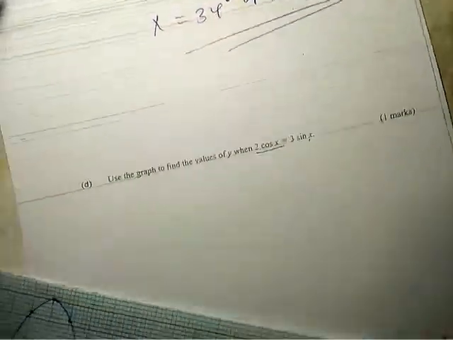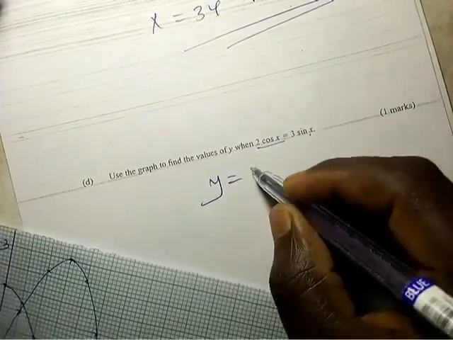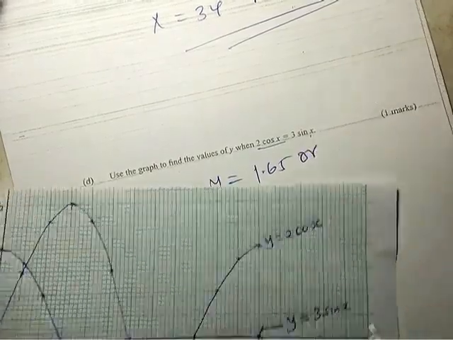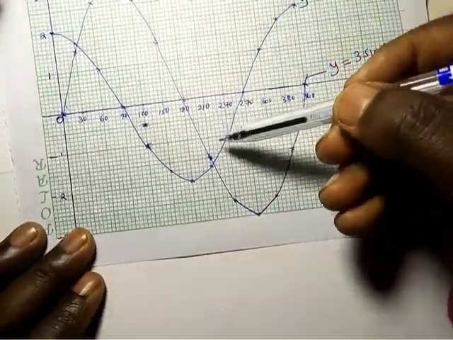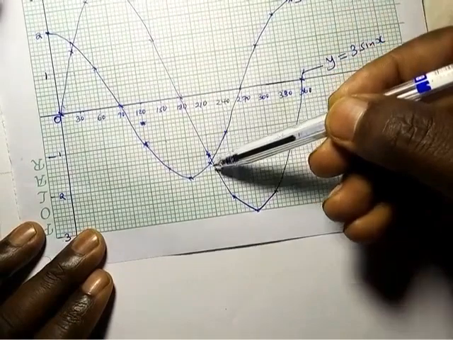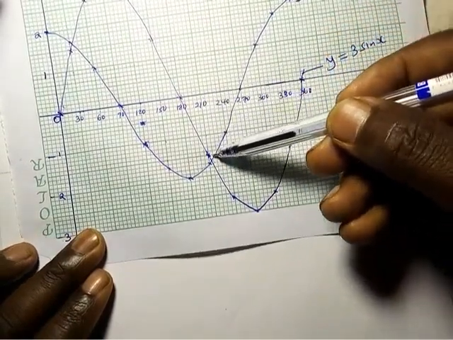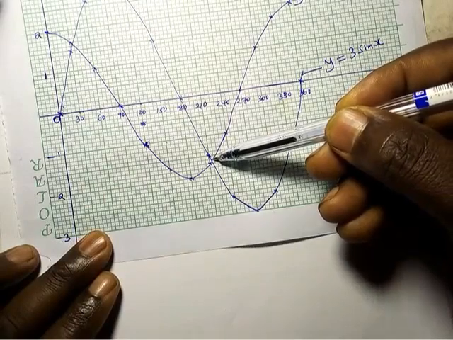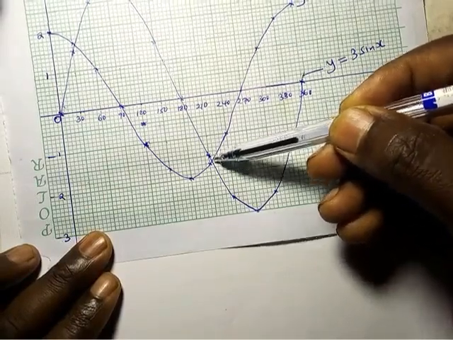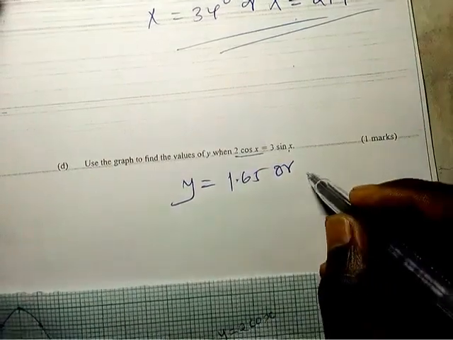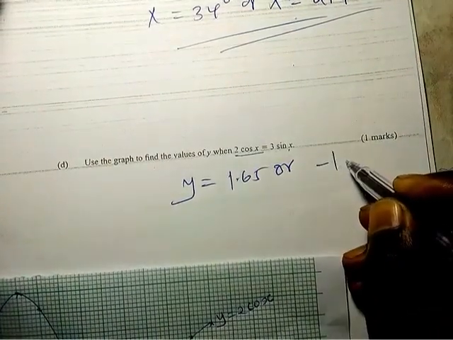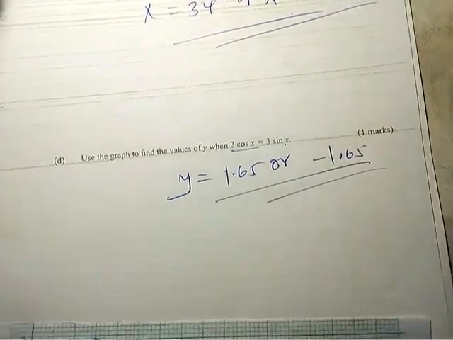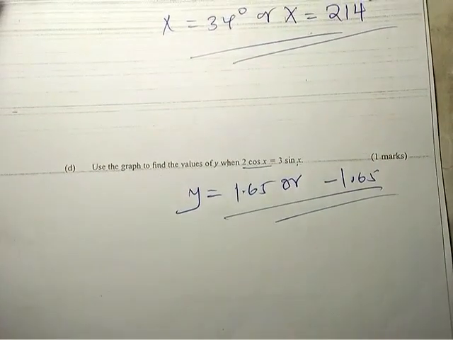So y is equal to 1.65, or again we can read the value of y where they are meeting, downwards here. So this is negative 1.6 and a half, and a quarter. So it is now negative 1.65. As simple as that, you score all your 10 marks.